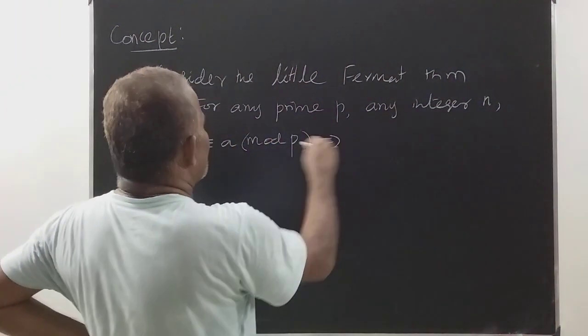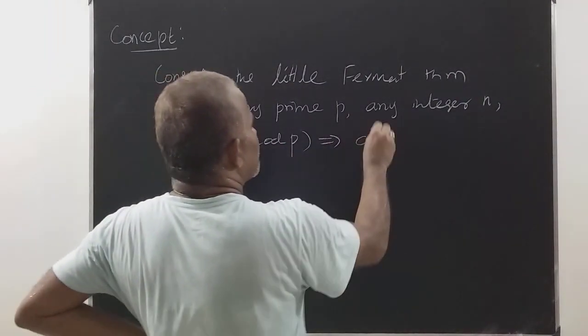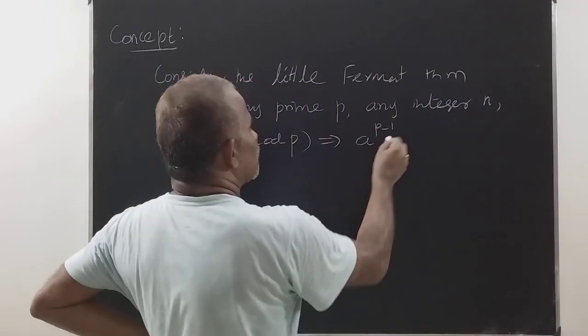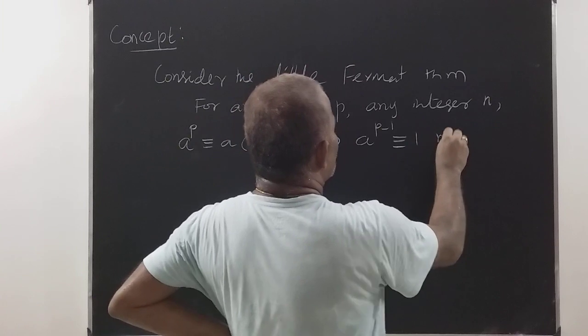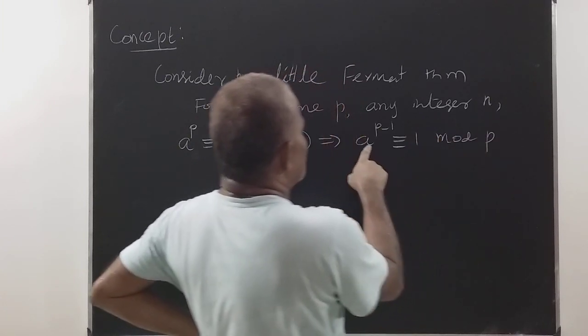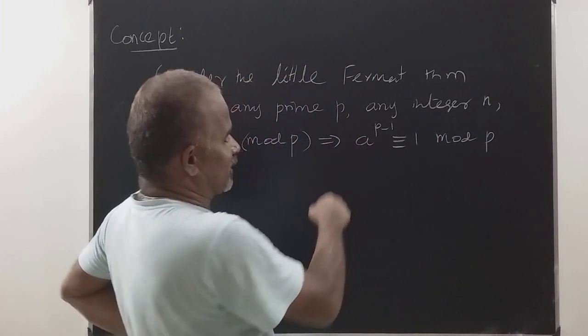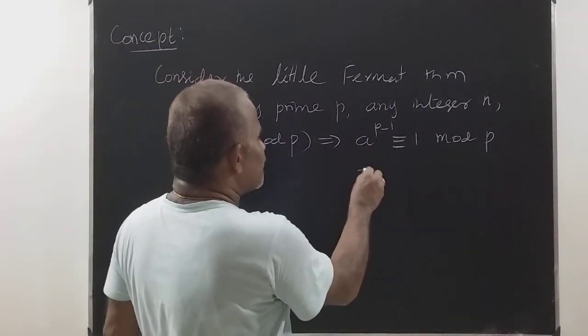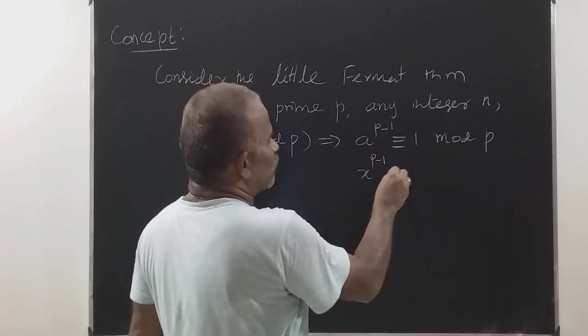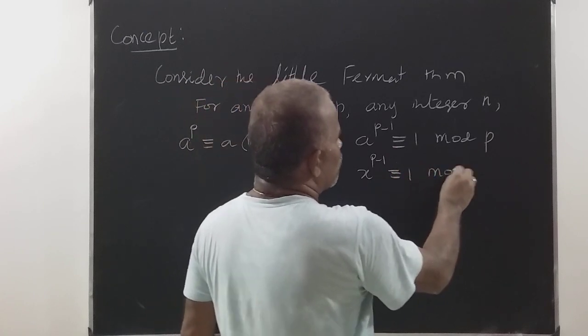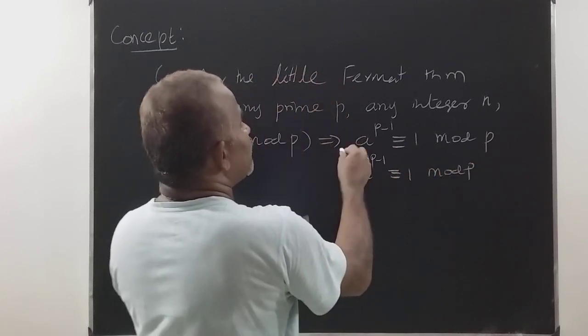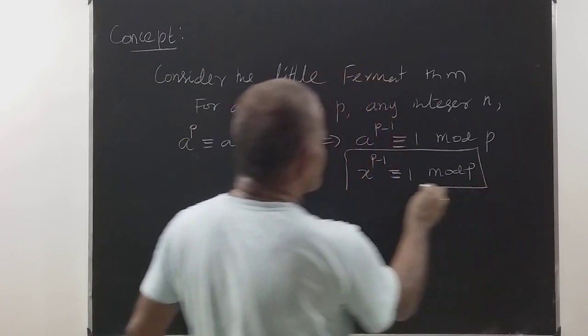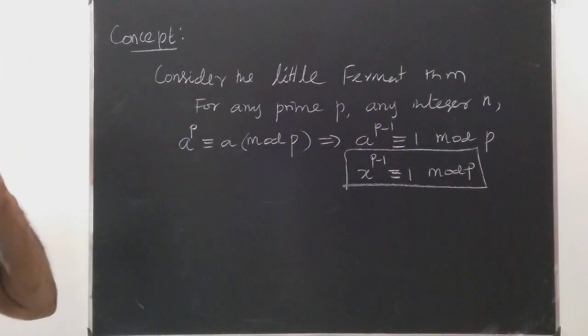This implies I can write a power p minus 1 is congruent to 1 mod p. This is true for any integer, so x power p minus 1 is also congruent to 1 mod p. So this is the Little Fermat theorem.